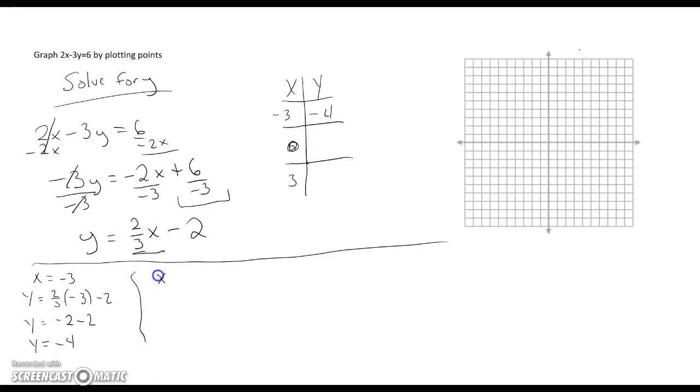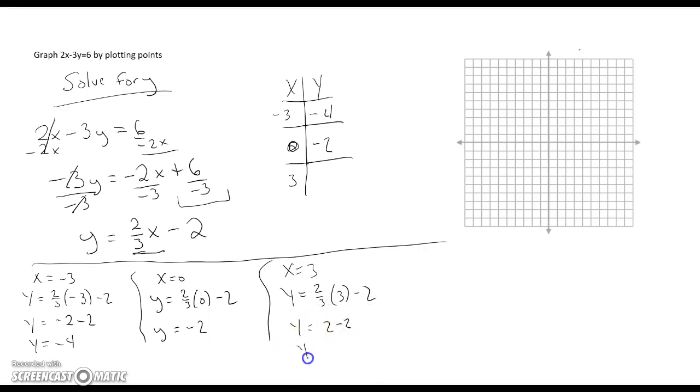Now the next one, if x is 0, then we get y is equal to 2/3 times 0 minus 2. 2/3 times 0 is just 0 minus 2 is negative 2. Last one, if x is 3, we get y is equal to 2/3 times 3 minus 2. 2/3 times 3 is 2, and then we bring down that minus 2. 2 minus 2 is 0.